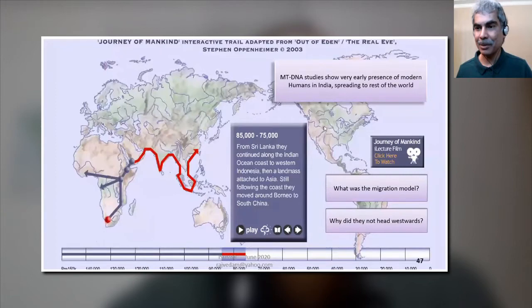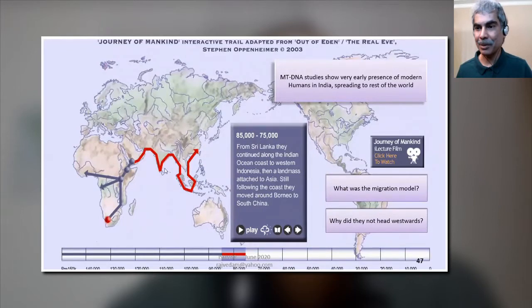So early on, very beginning, people used mitochondrial DNA, maternal mitochondrial DNA, to show how ancient man spread through the world. So the proposal in the 2000s time frame was that a group of individuals left Africa, and their descendants, generation by generation, populated these parts of the world up to Sumatra between 85,000 to 75,000 years ago.